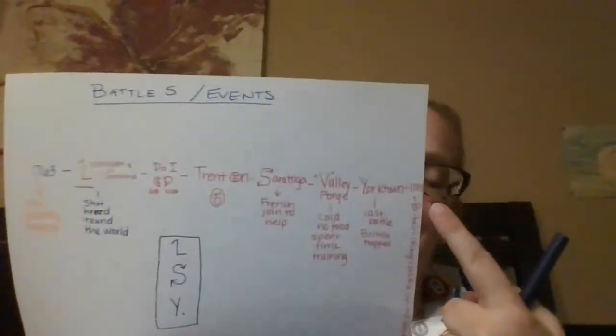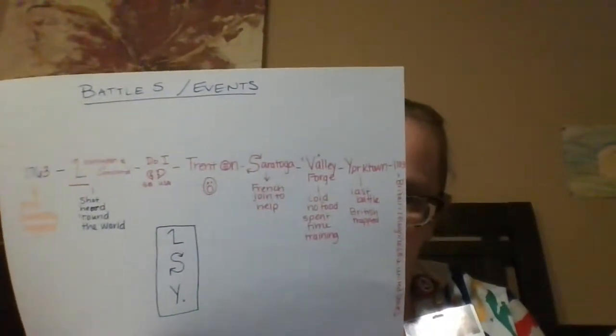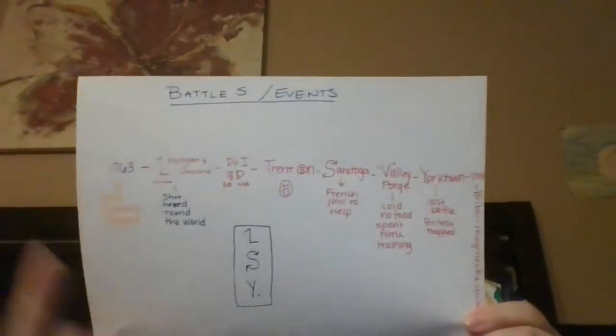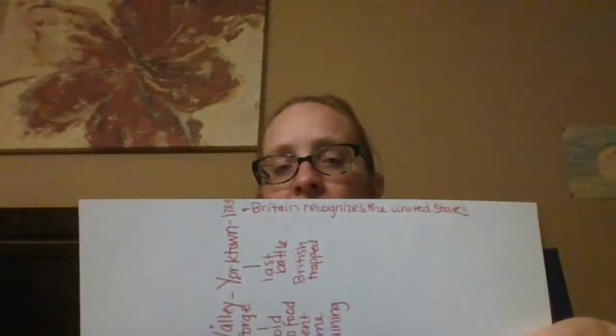The Treaty of Paris of 1783 ends the American Revolution. And once the American Revolution is over, Britain must recognize the United States as a free, sovereign, and independent country.